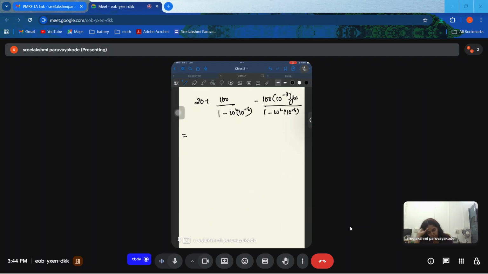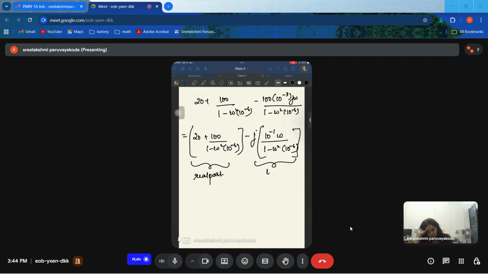Okay. So here the real part is 20 plus 100 by 1 plus omega square 10 to the power minus 6, minus j 10 to the power minus 1 omega over 1 plus omega square into 10 to the power minus 6. So this is going to be the real part and this is going to be the imaginary part.